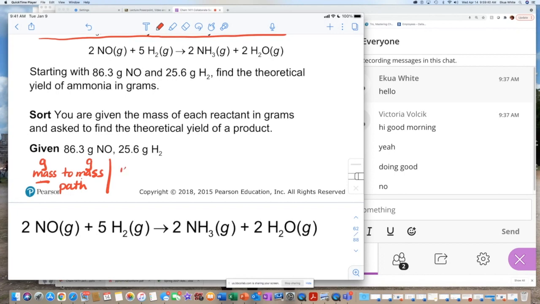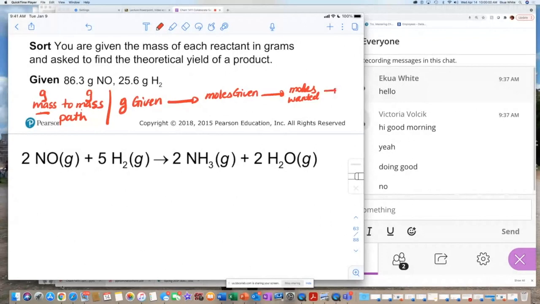We start from grams of given. We convert to moles of given. And then we go to moles of wanted. I'm going to write this at the bottom because I can tell I'm running out of space. And from there we go to mass, grams of wanted.